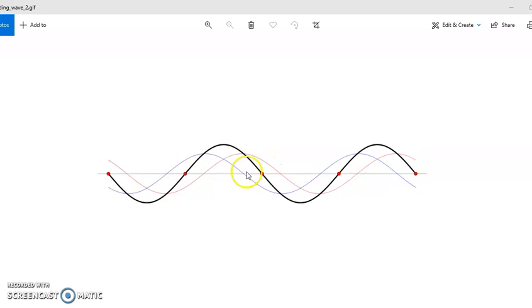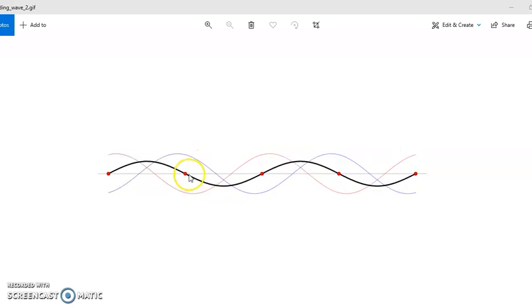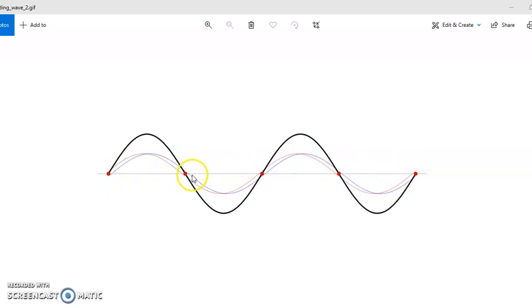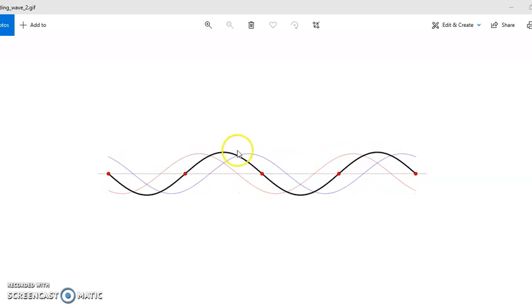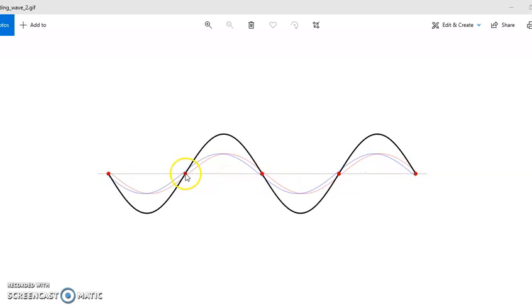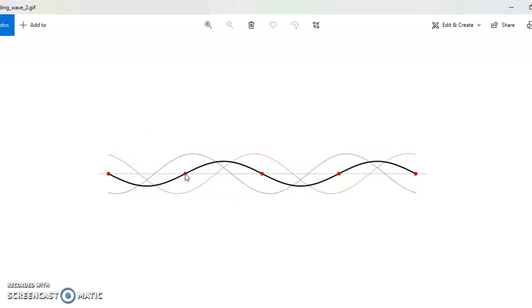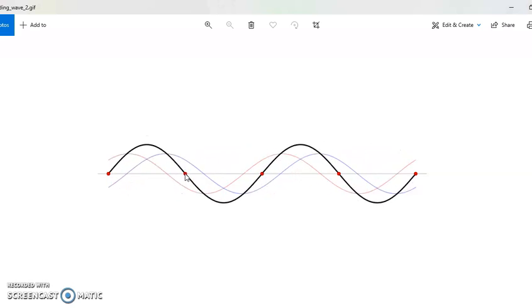If you look at the black color wave, it is not traveling. It is just oscillating. You can see that this point is fixed. It is not traveling.